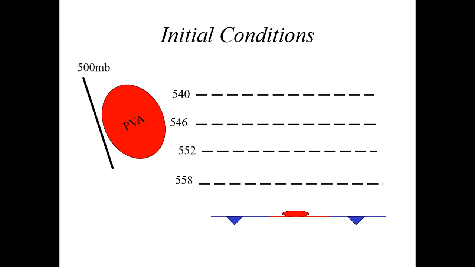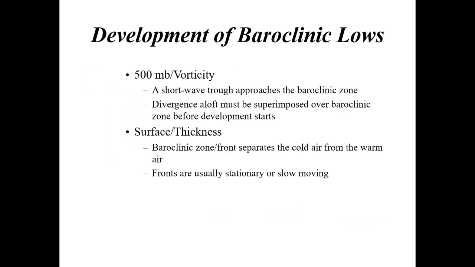Next step. We get that 500 millibar vorticity, as I just showed you in the graphic. That shortwave trough is approaching that baroclinic zone or that weak frontal boundary, stationary frontal boundary. Once that positive vorticity advection ahead of the shortwave trough interacts with the surface front, you get divergence aloft, or the removal of mass aloft over the baroclinic zone, and that will start taking the mass and removing it higher up in the atmosphere.